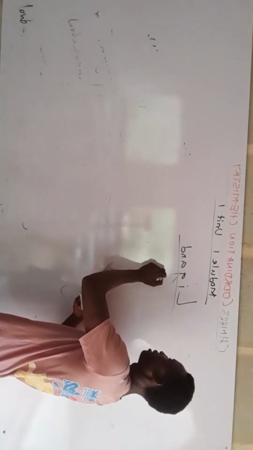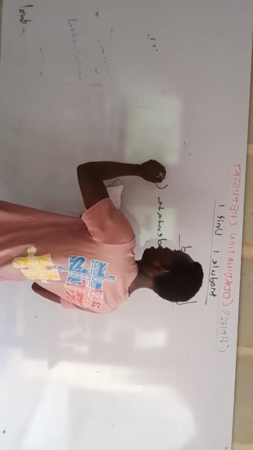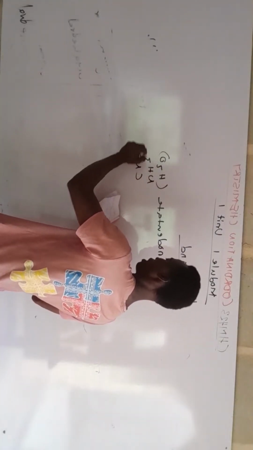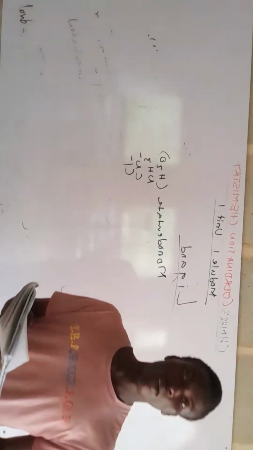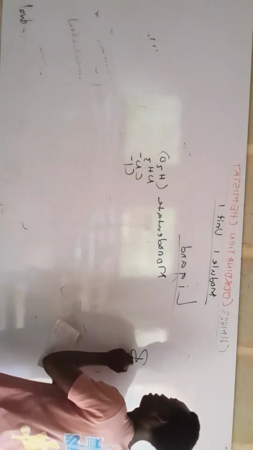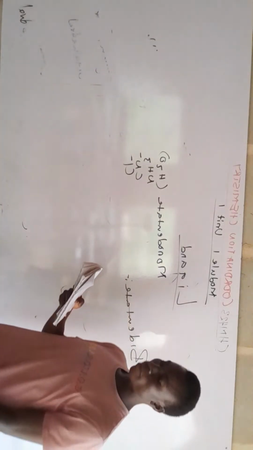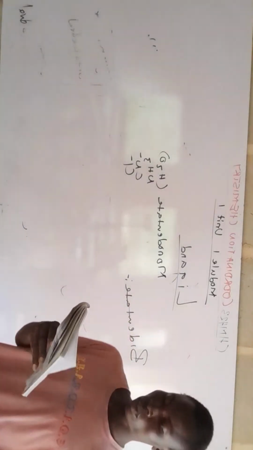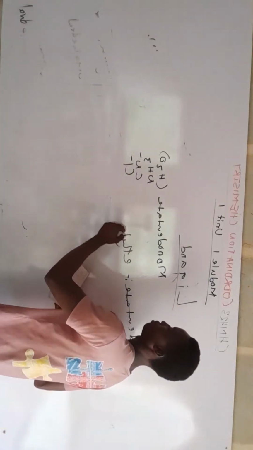For monodentate, we have such as H2O, NH3, CN minus, Cl minus. All these ones have one donor site. We have bidentates. Bidentates have two donor sites. Example of those that have two donor sites, we have what we call ethylenediamine.